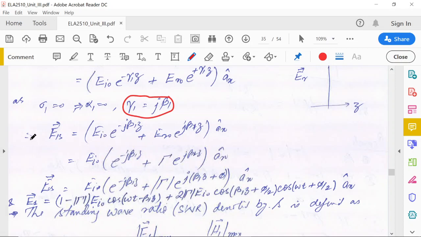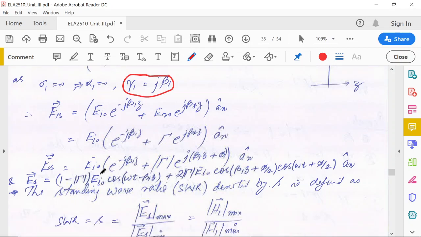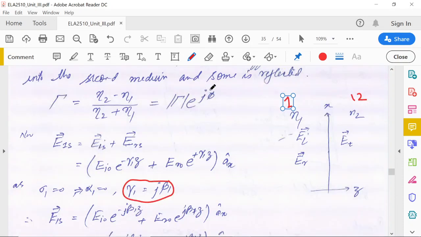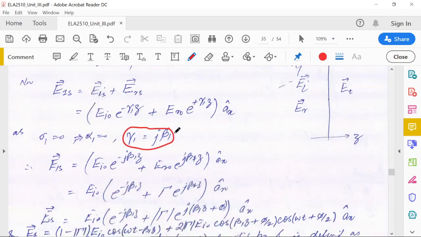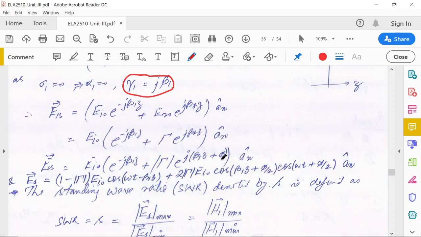If you break up gamma in terms of magnitude and phase, this becomes E I naught times e to the minus j beta 1 z plus the magnitude of gamma multiplied by e to the power j beta 1 z plus phi. So phi will be added, and this is multiplied here. So the total electric field in phasor form will be given by this expression in medium one in general.